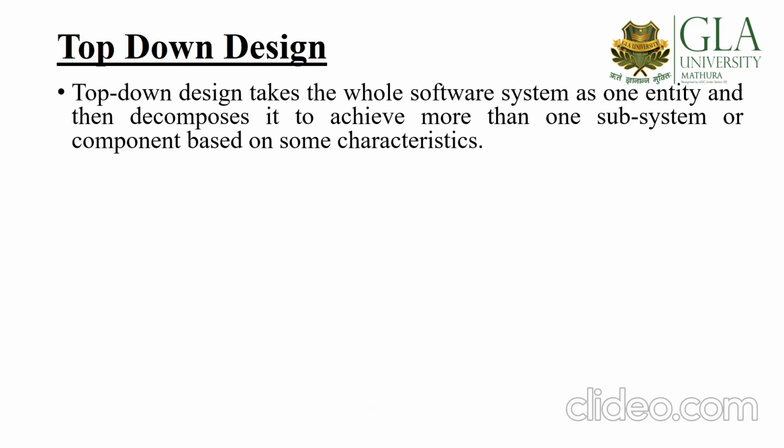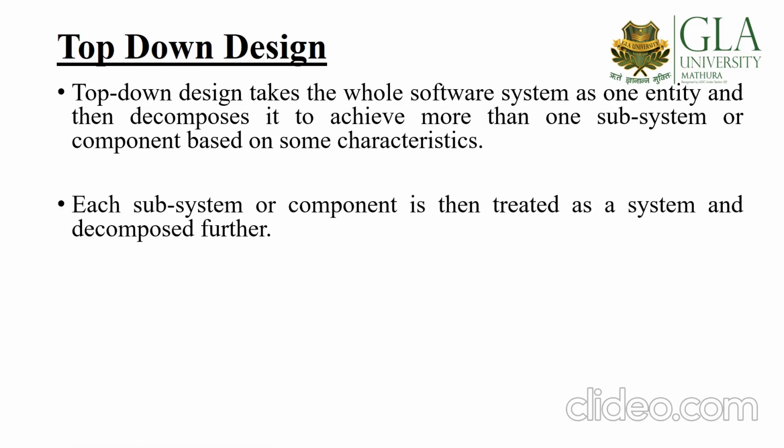Next comes top down design. Top down design takes the whole software system as one entity and then decomposes it to achieve more than one subsystem or component based on some characteristics. Each subsystem or component is then treated as a system and decomposed further.